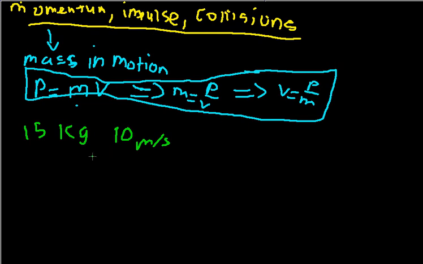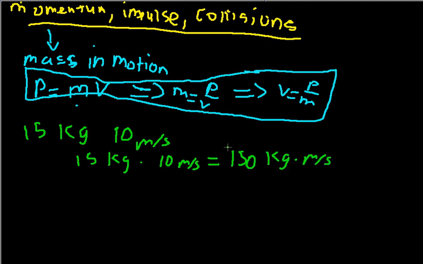Now we're going to multiply 15 kilograms times 10 meters per second, and that's going to give us 150. But not only 150 kilograms, but 150 kilograms times meter per second. This is giving us the units for momentum too, which is kilogram meter per second.